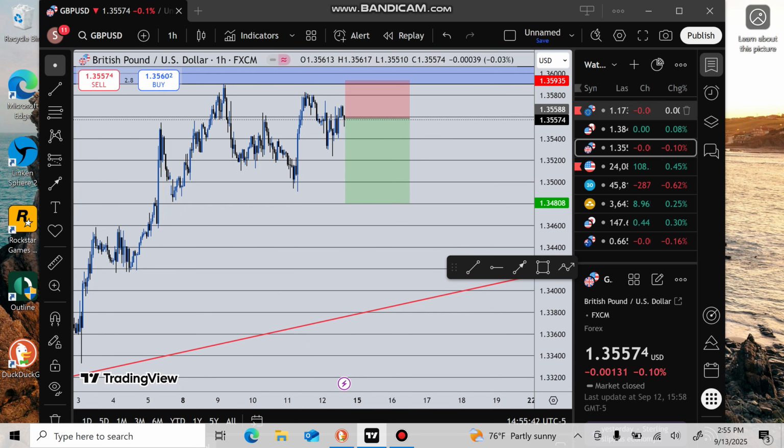Now EURUSD, we already have a 50% imbalance marked up. Because on the 5 minute, I do believe we have an imbalance onto the upside, and it's currently making an uptrend. Well, not really, but we have an imbalance here, and it broke this structure already.